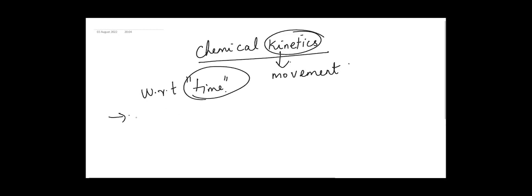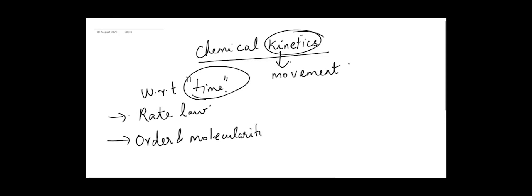Now in this chapter we'll be looking into the rate law. Then we'll be looking into order and molecularity of a reaction. Then we will derive some relations based on it and solve numericals. Then we will get into the Arrhenius concept.